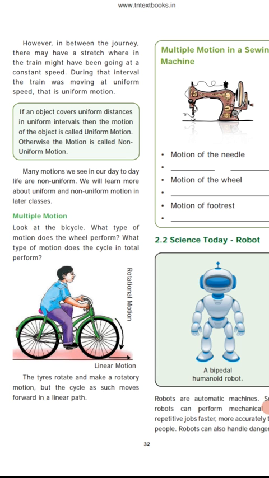See here, what is today's science topic? Robot. Have you seen a robot anywhere? Robots are automatic machines that can perform faster and more accurately than people. The word comes from robota, meaning labor.